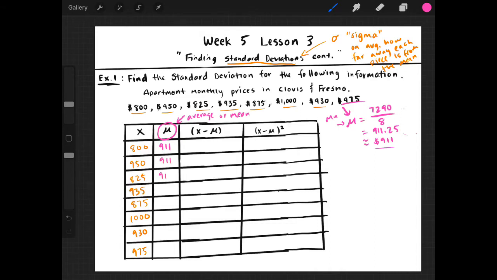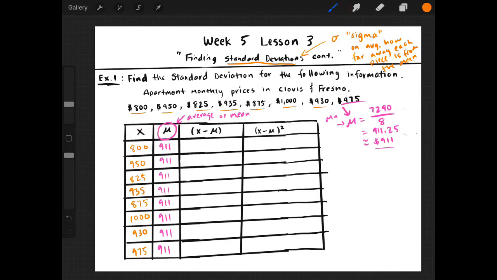So what we're going to do is fill in 911 here. You can write it over and over, or you can just draw an arrow down. That's your call. All right, the next thing that we do is take each piece of data and figure out how far away from the mean it is. So that's when we subtract each thing from the mean.